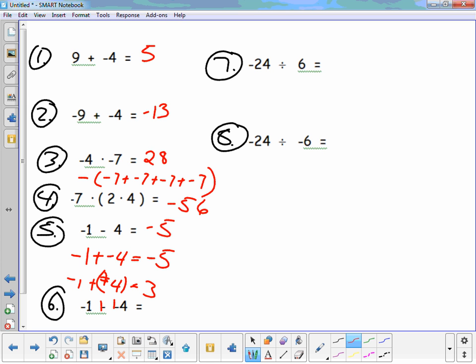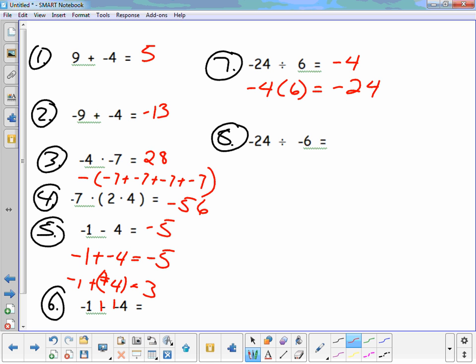All right, then division. Division and multiplication, the rules are the same. It's all because of fact families. So a negative 24 divided by a positive 6, when the signs are different, the answer is negative. Negative 24 divided by 6 should give us negative 4, and here's why. Negative 4 times 6, signs are different, answer's negative.